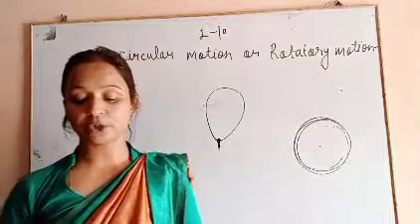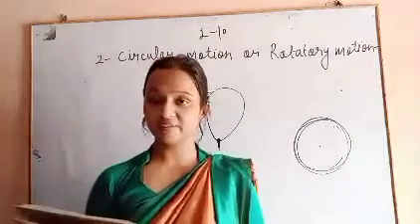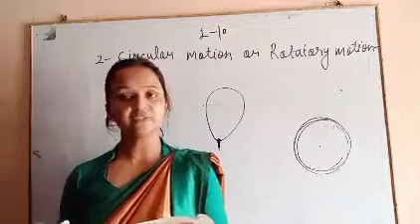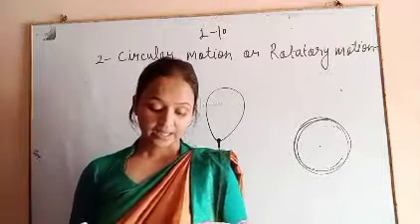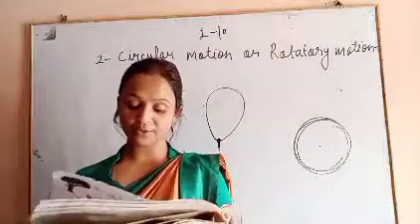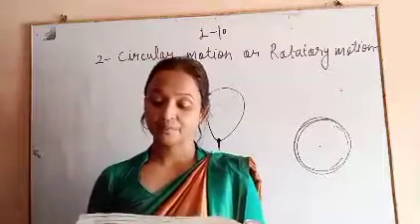What are the examples of rotatory motion? Spinning wheel, charkha, spinning top, potter's wheel, ceiling fan, and the earth revolving around the sun or the moon revolving around the earth.